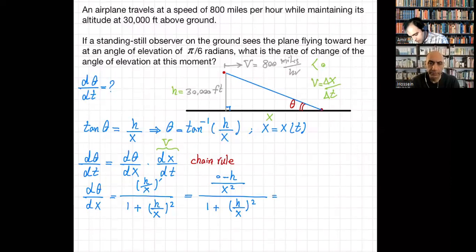So I'm going to simplify the relation. It's going to be x squared plus h squared, so I cancel these out.